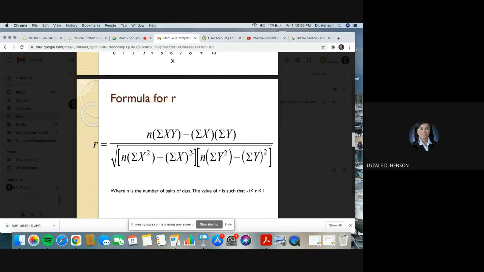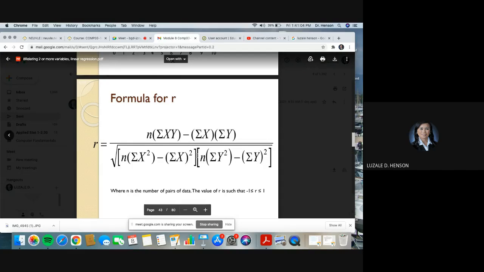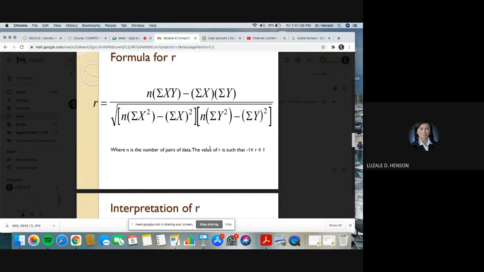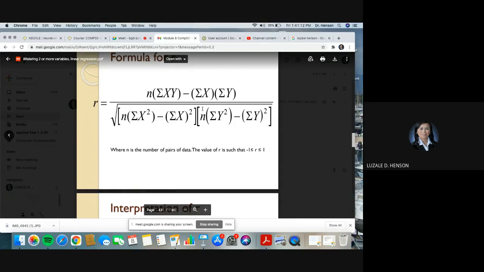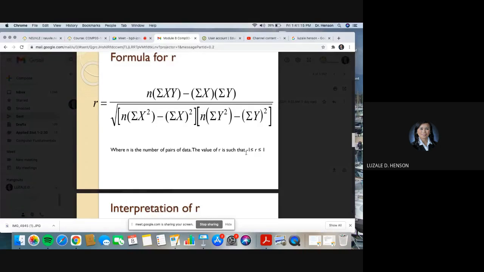This one is different from this. And you do the same with the y variable. So you obtain this. That's somewhat hard to memorize. However, you have to always remember that the value that you obtain from this formula, the range of values of r, is from -1 to +1 only.